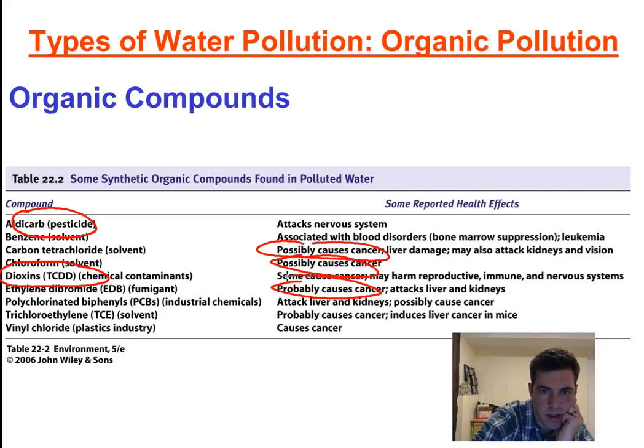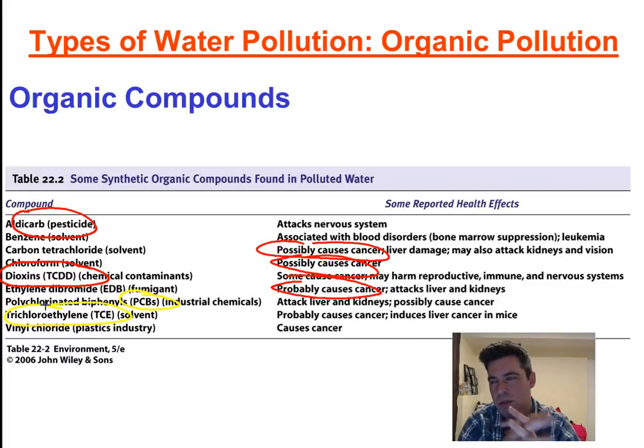PCBs are also something that we're going to come across, polychlorinated biphenyls. We got plenty of that in the Hudson River, thanks to GE. Thank you very much, GE, for that one. And lastly, trichloroethylene, which was most commonly used with dry cleaning, and that's come across our waterways in the New York metro area over the last 30 years or so.